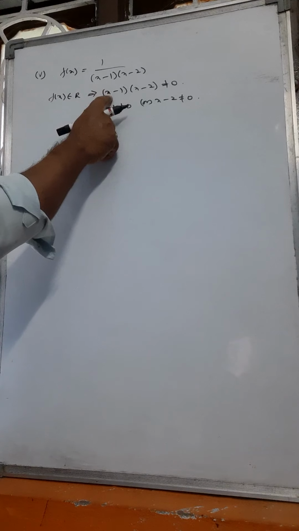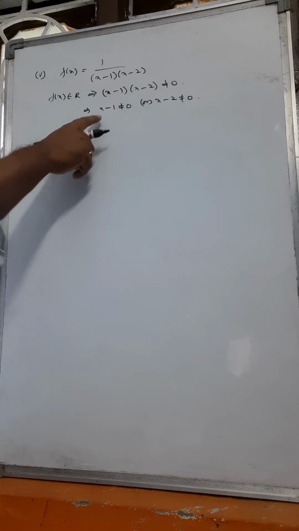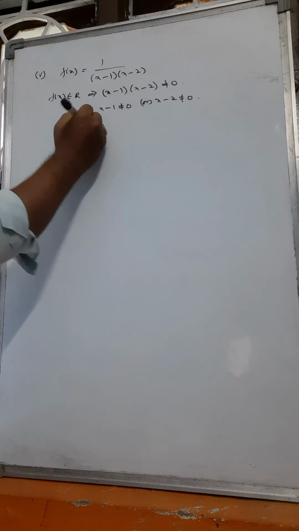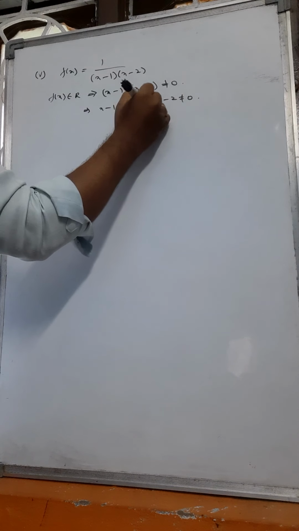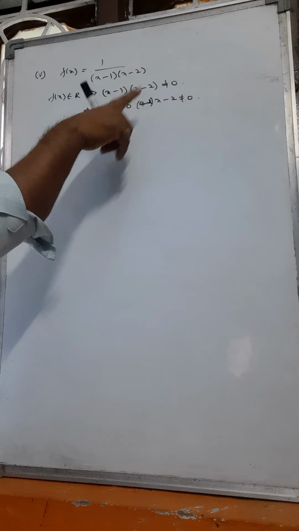If (x minus 1) into (x minus 2) is not equal to 0, it means x minus 1 is not equal to 0 and x minus 2 is not equal to 0.